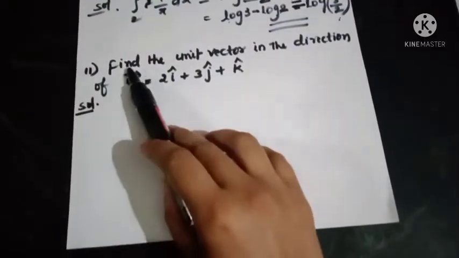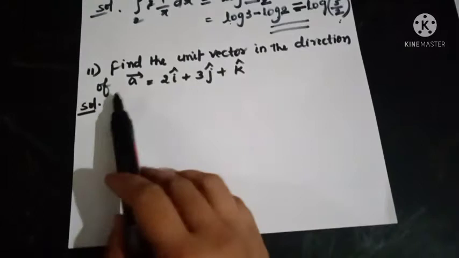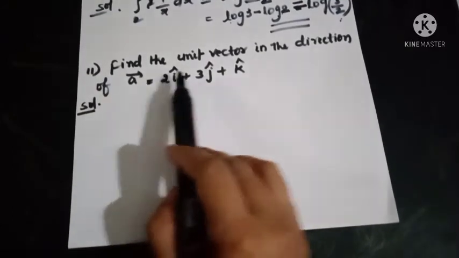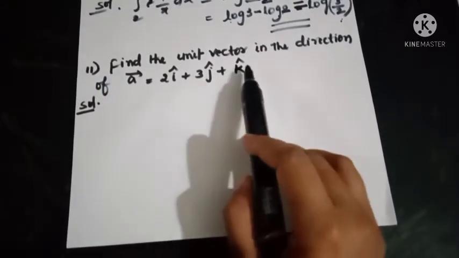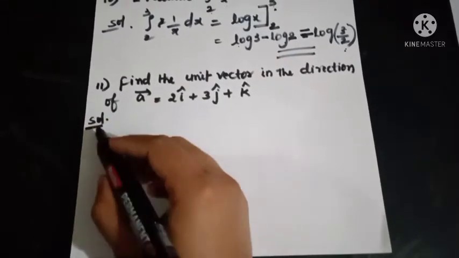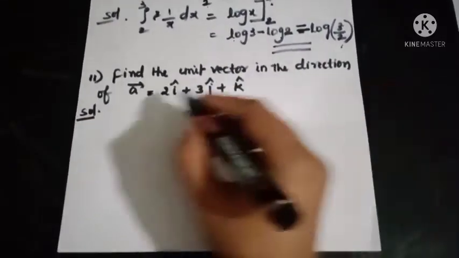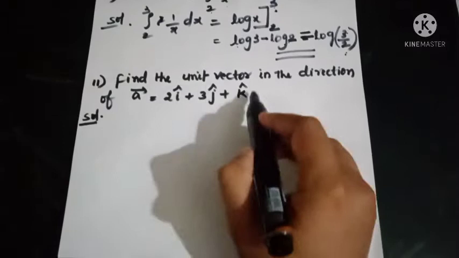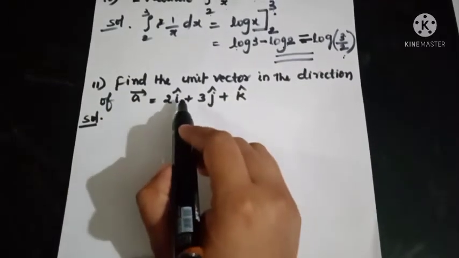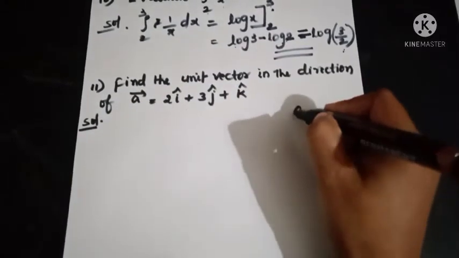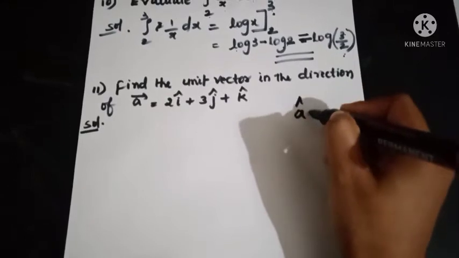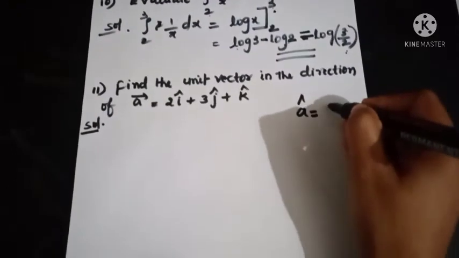11th question is find the unit vector in the direction of the vector a is 2 i cap plus 3 j cap plus k cap. So we know that this is a vector. The unit vector in this direction is denoted by a cap. How is it defined?